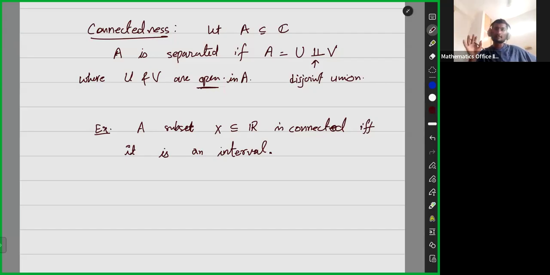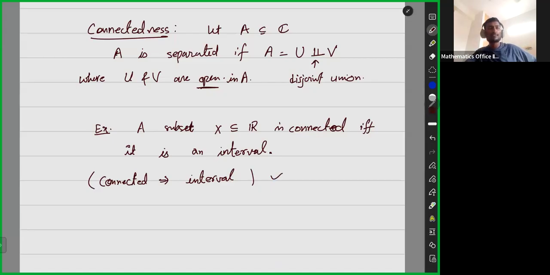One direction is clear. When it is connected, it is an interval. Connected implies interval. This is, I think, easy.